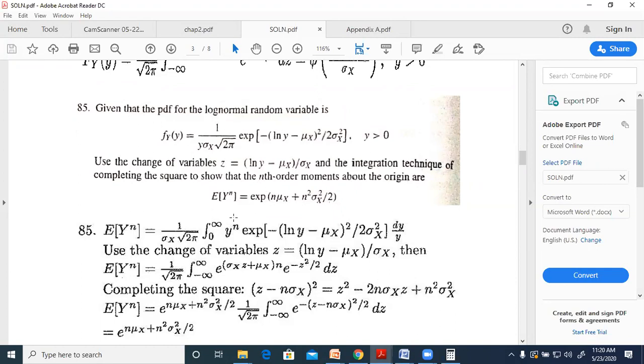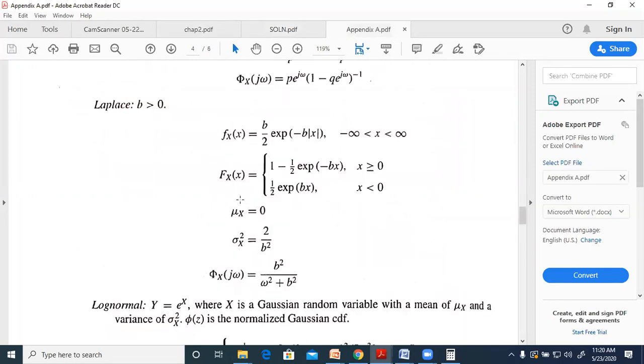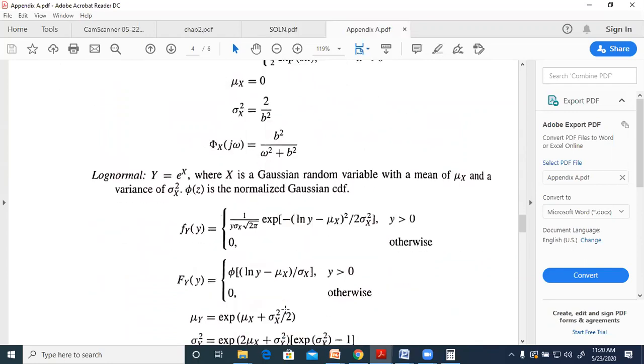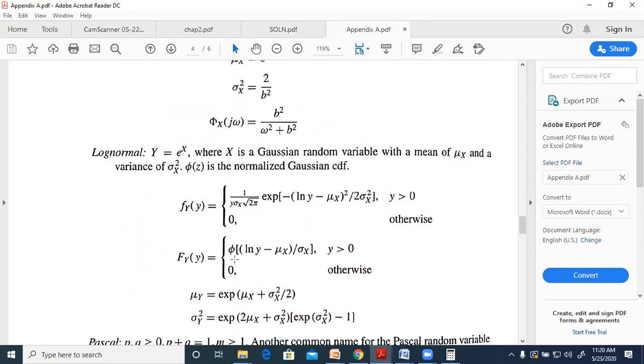This is log normal. By using the log normal equation, which might be there in Appendix A, that gives you the expression like this for CDF and PDF.